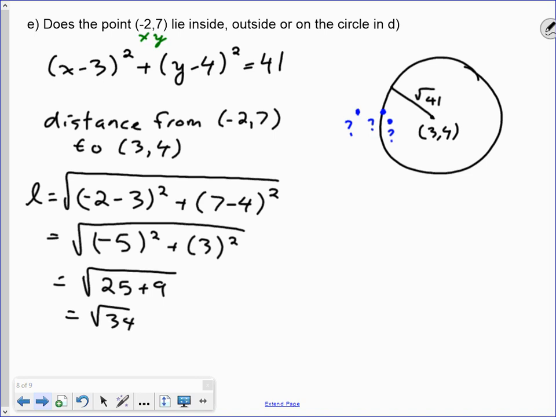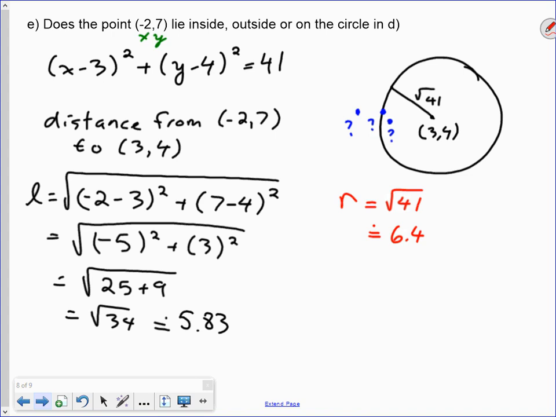Now, sometimes it's easier to compare these distances if we actually convert them into decimals. So let's take that root 34 and actually take the square root. That's going to give us 5.83. And our radius of root 41 is approximately equal to 6.4.